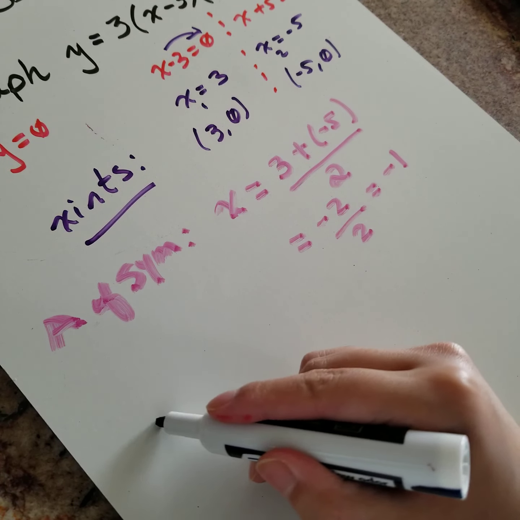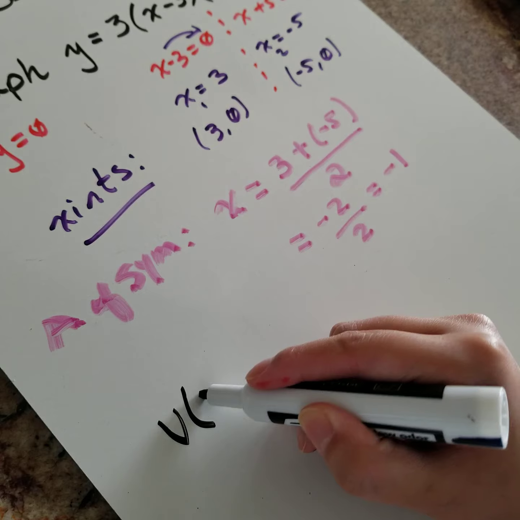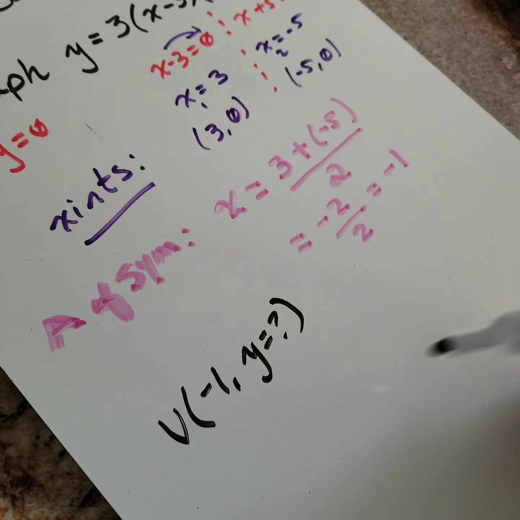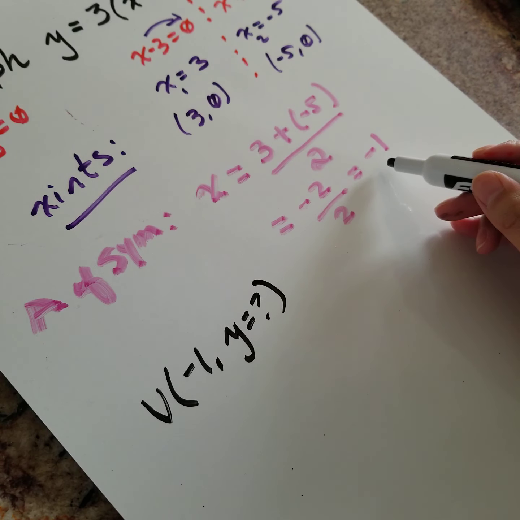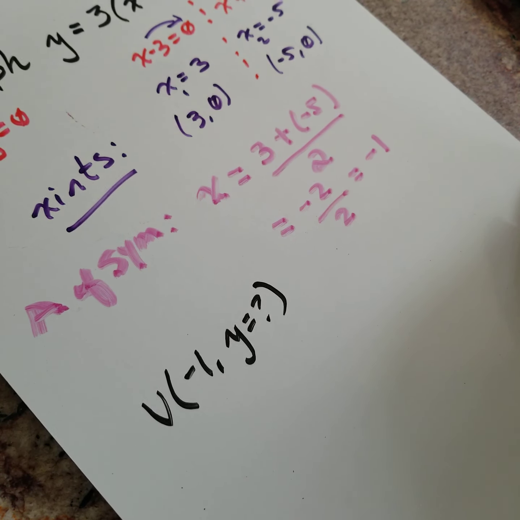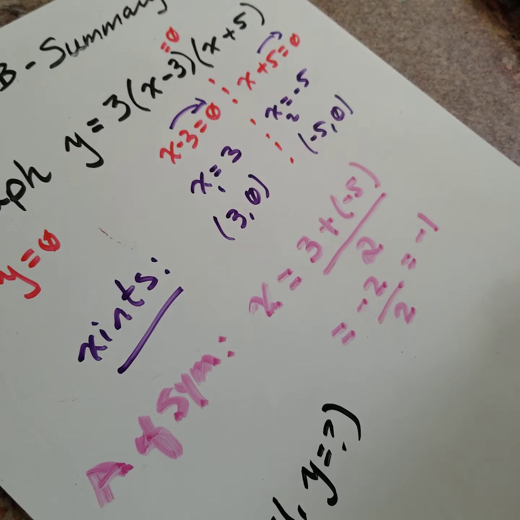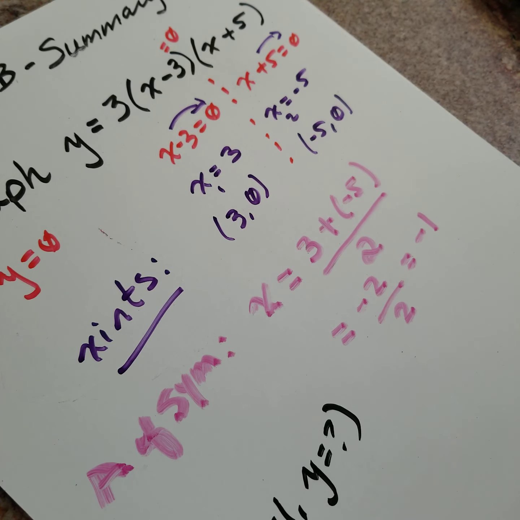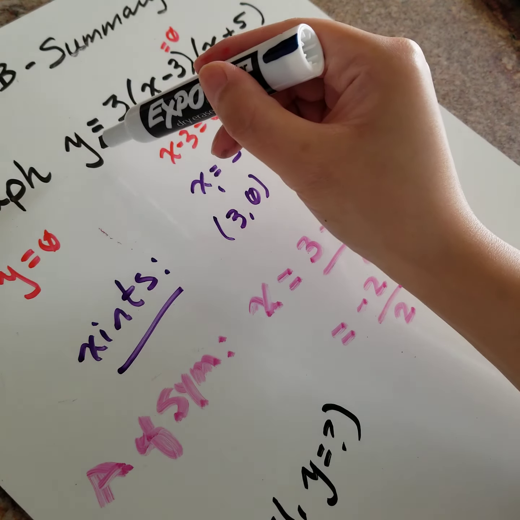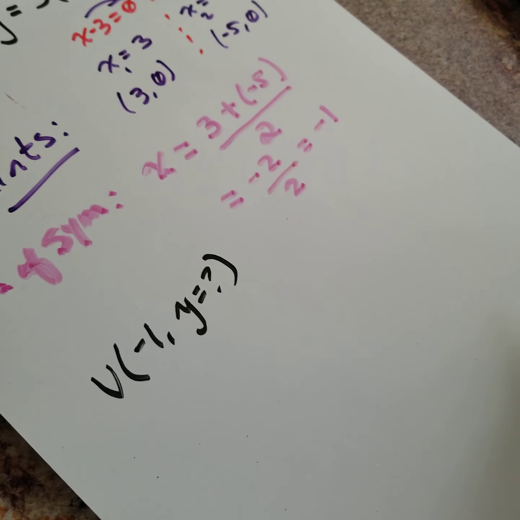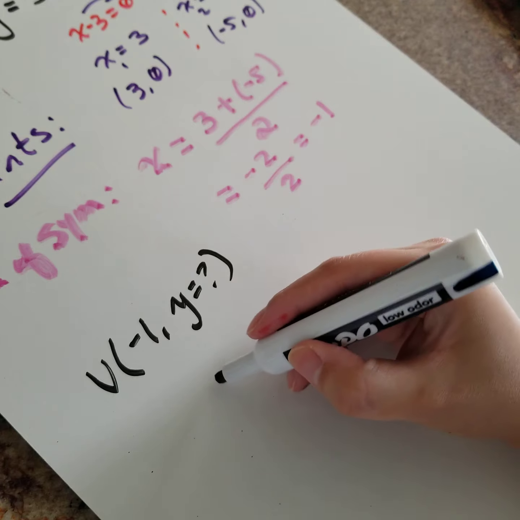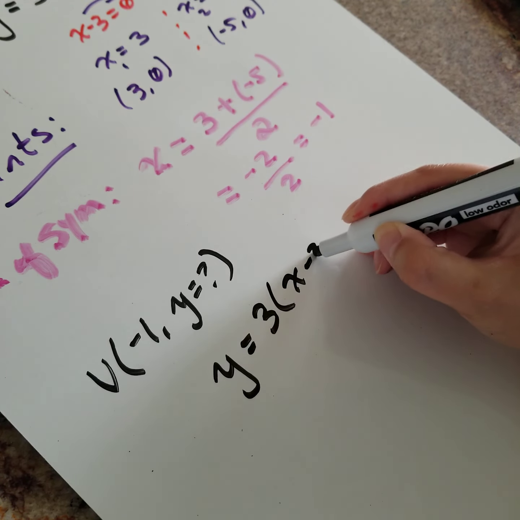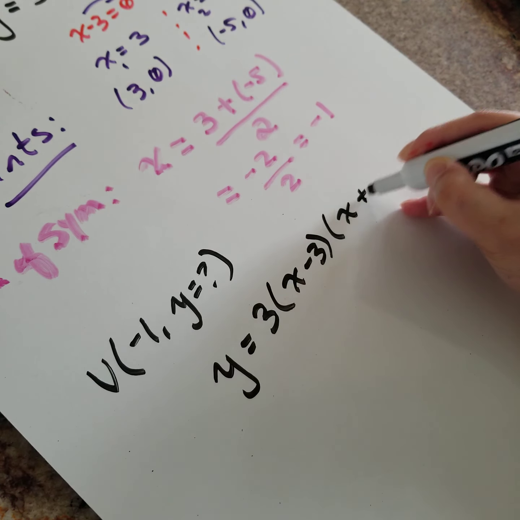So for my vertex, I know I have right now negative 1, and we don't know what this y is. So let's try to find it. If I have an x value at negative 1, where am I going to find the corresponding y value? I just have to substitute it into the original so I can multiply or find the product so I can find this y. So let's rewrite our equation with the negative 1 in there. So y is equal to 3(x - 3)(x + 5).